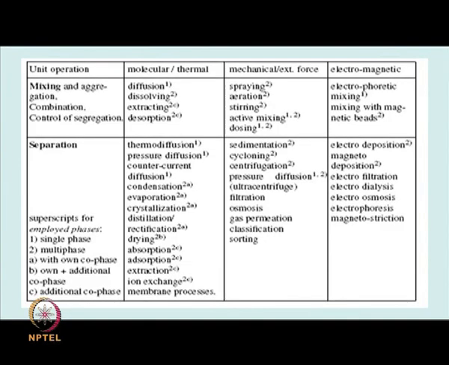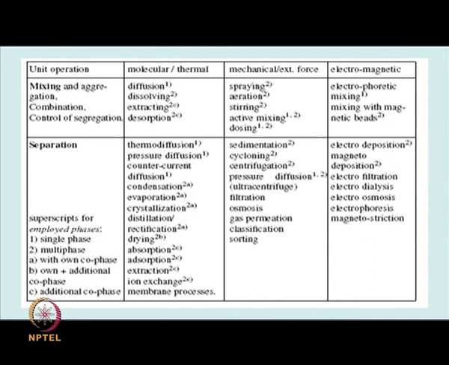I will skip this portion. Let us just take one example. Now, if you think about mixing and aggregation, and if you think on the molecular level, then diffusion is a root cause, and there could be some thermal component to it as well. When you think about mechanical, then the mixing can be achieved by spraying, or there can be electrophoretic mixing as well.